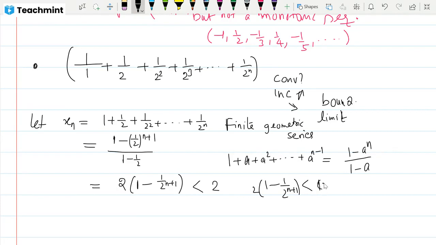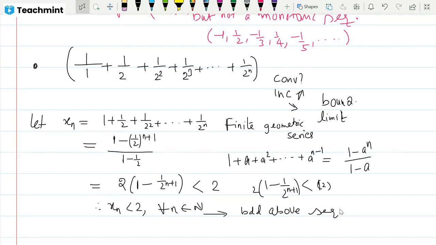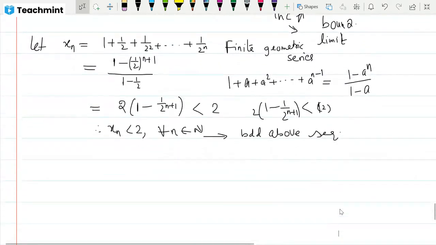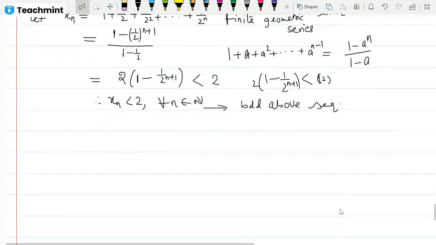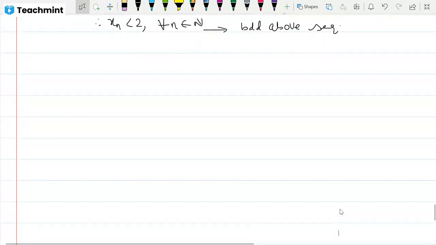So therefore xn is less than 2 for all n belongs to N. Therefore we say that the sequence is a bounded above sequence. If I can show that this xn is an increasing sequence, increasing and bounded above, then it is convergent.